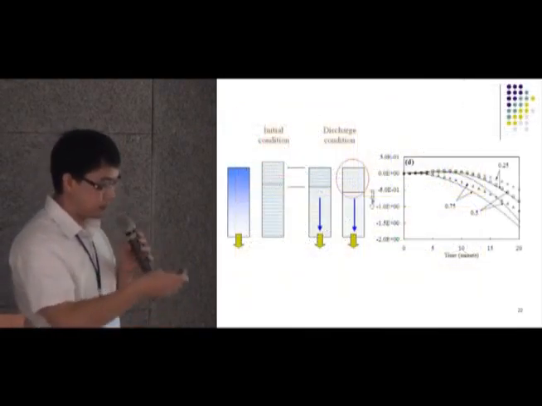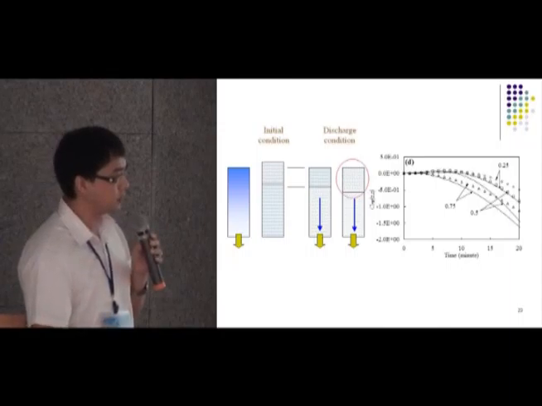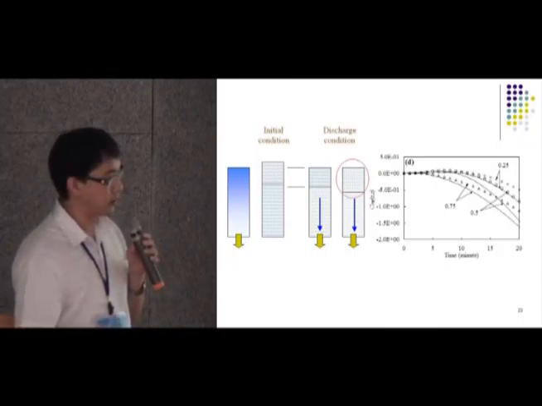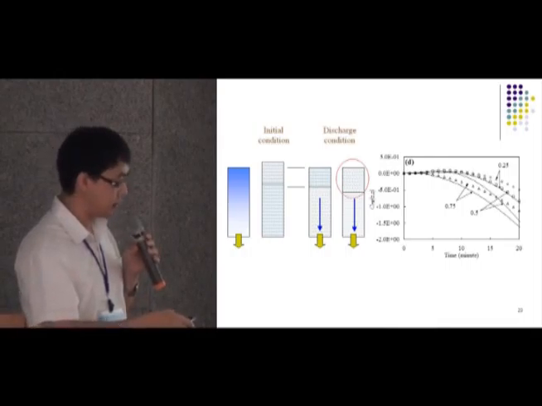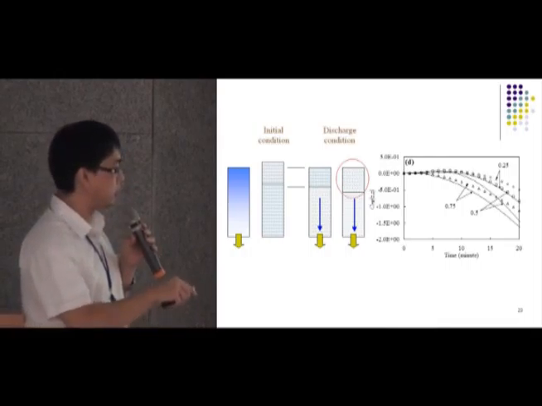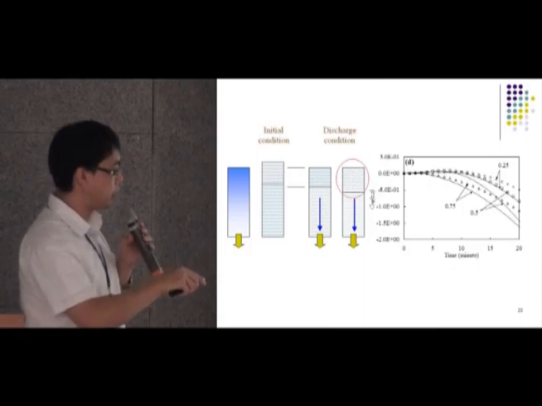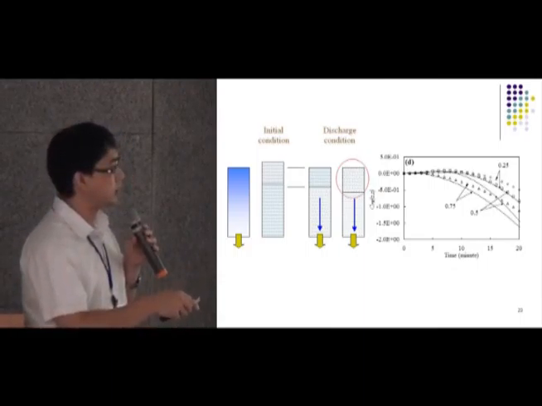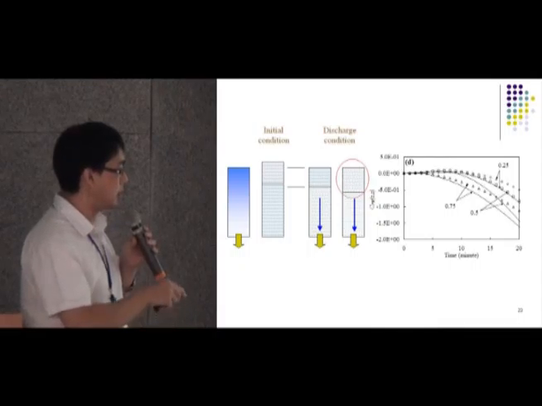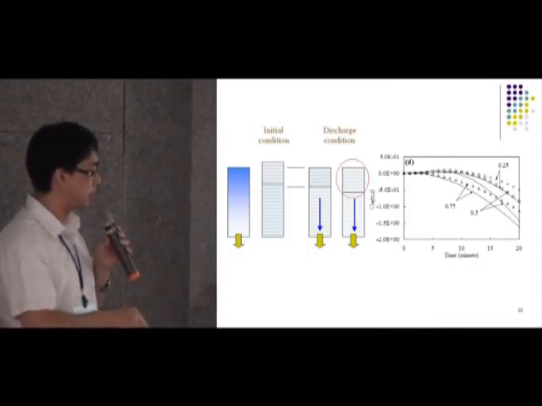Let's see more detail. This is for different depths, and we calculate using the Monte Carlo simulation and the first order second moment method. At the initial condition, we have a soil column here with a uniform water pressure. And then if we apply a discharge condition here, the water pressure should be like this one.